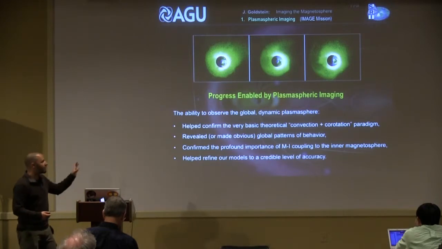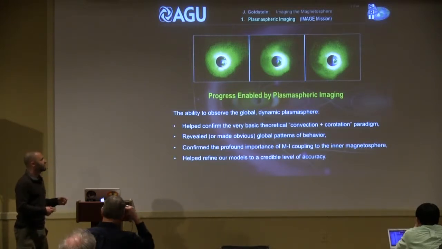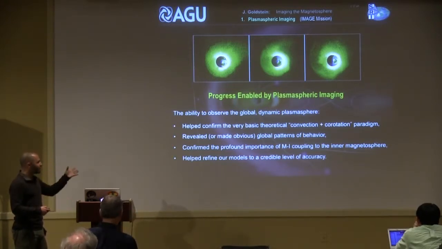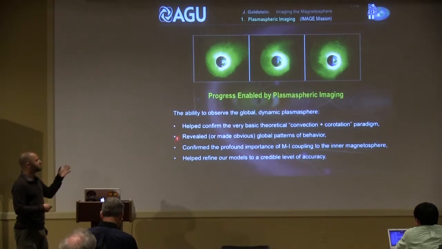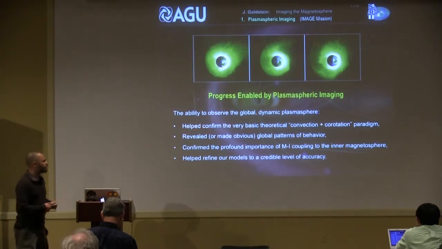So first I'd like to talk about plasmaspheric imaging, which is the majority of what I've worked on. I have personally seen the amount of progress that we've experienced. We've confirmed some very basic theoretical paradigms for the inner magnetosphere.